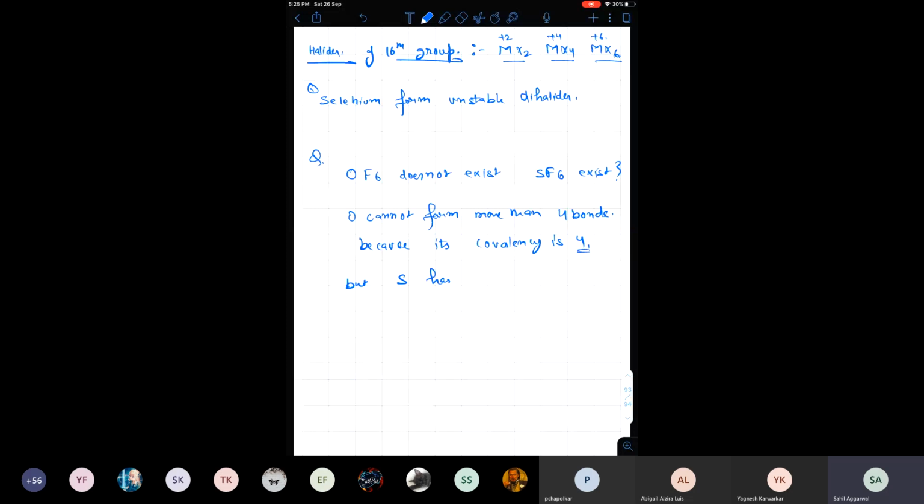Sulfur has vacant d orbitals, so it can form 6 bonds. You can simply expand this answer.